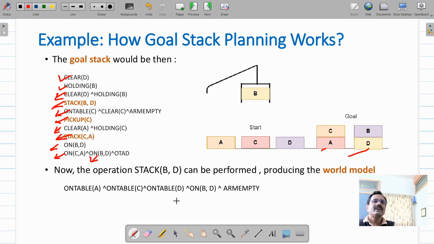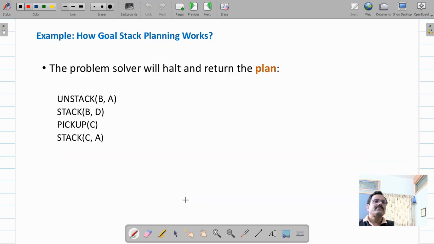This is your final goal state. Now the problem solver will halt and it will return the plan. You first perform stack CA, then pickup C, stack BD, and then unstack B operation.